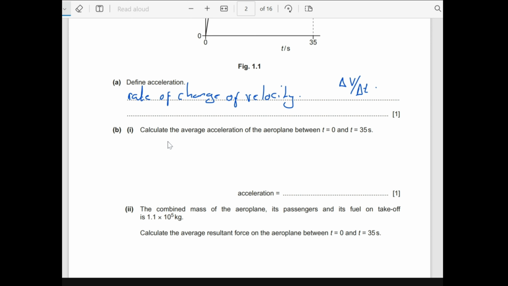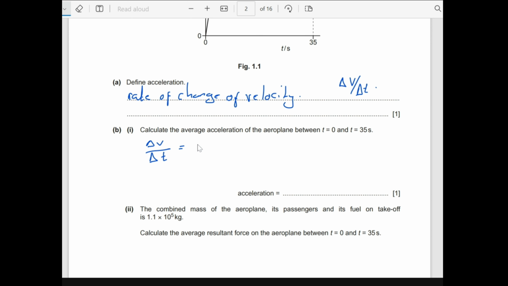Okay, part B, calculate the average acceleration of the aeroplane between time t equals 0 and t equals 35 seconds. So what do we have here? We need to calculate the average acceleration. Average acceleration is equal to the change in velocity over change in time.